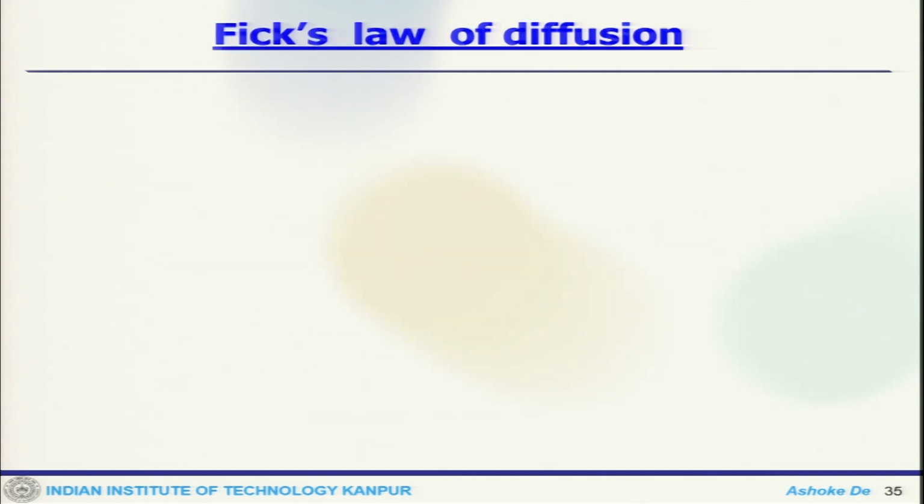Now, if you use Fick's law of diffusion, take the case of a binary system with two species A and B. Then del rho i by del t plus del dot rho i V bar equals minus del dot rho i Vi plus omega dot i.